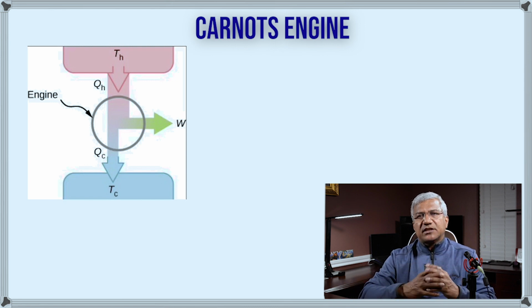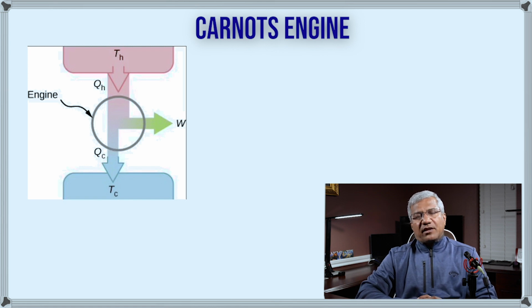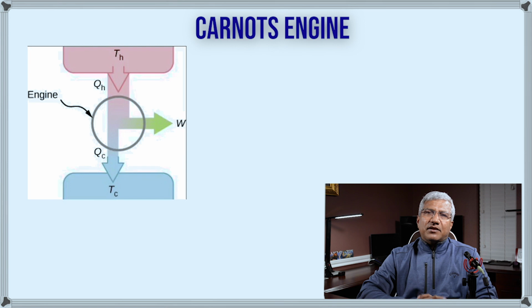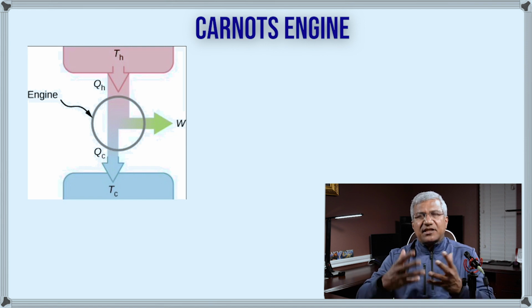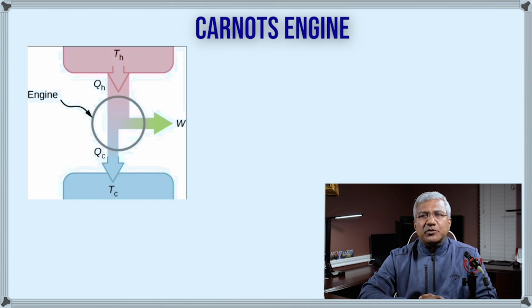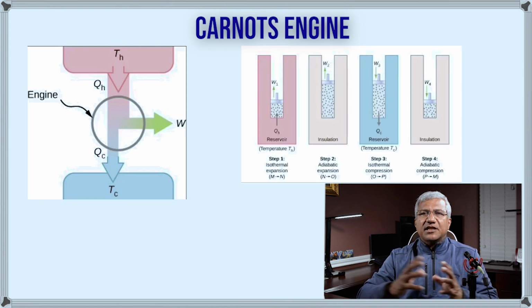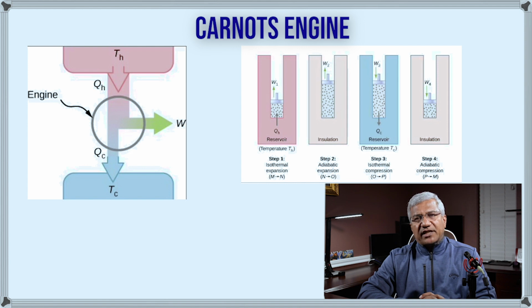So the work done is QH minus QC. The efficiency of any machine is the output divided by the input. In this case, the output is the work, because we're looking for work. That is the output, while the input is QH. Therefore, the efficiency of the heat engine is defined as work over QH.